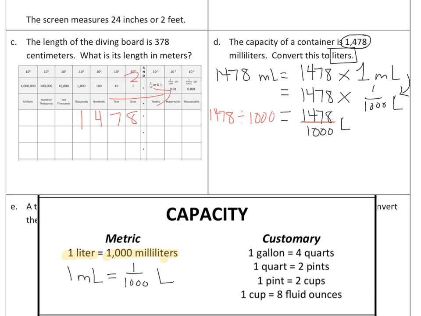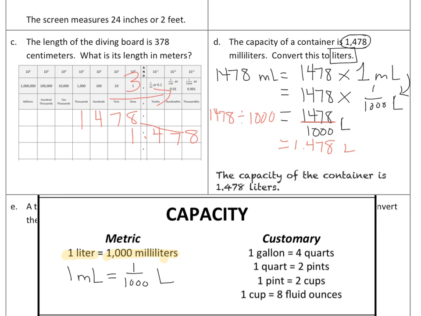There's 3 zeros in 1,000, so we're moving it 3 spots to the right. The 8 will go into the thousandths. The 7 will be in the hundredths. The 4 will go in the tenths, and the 1 will go into the ones. So then we have the answer of 1 and 478 thousandths liters. And we're going to now write our sentence out.